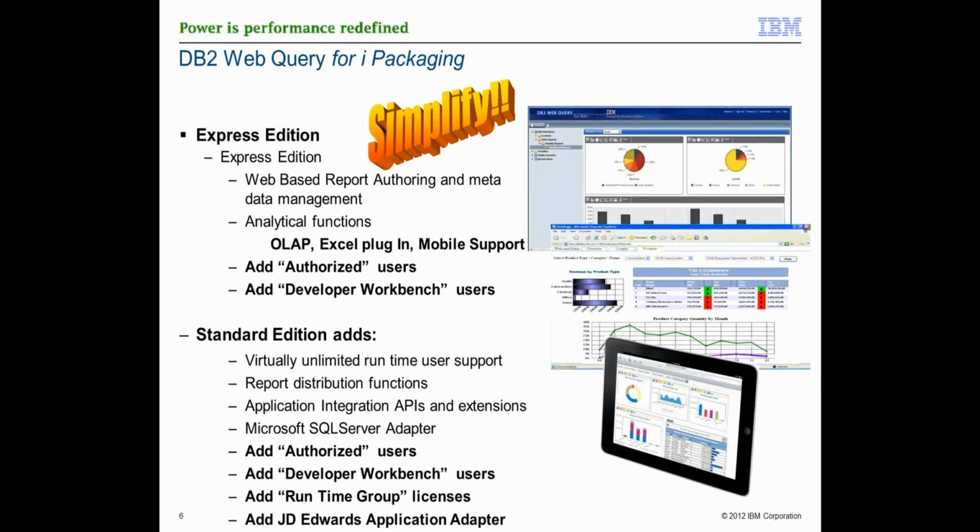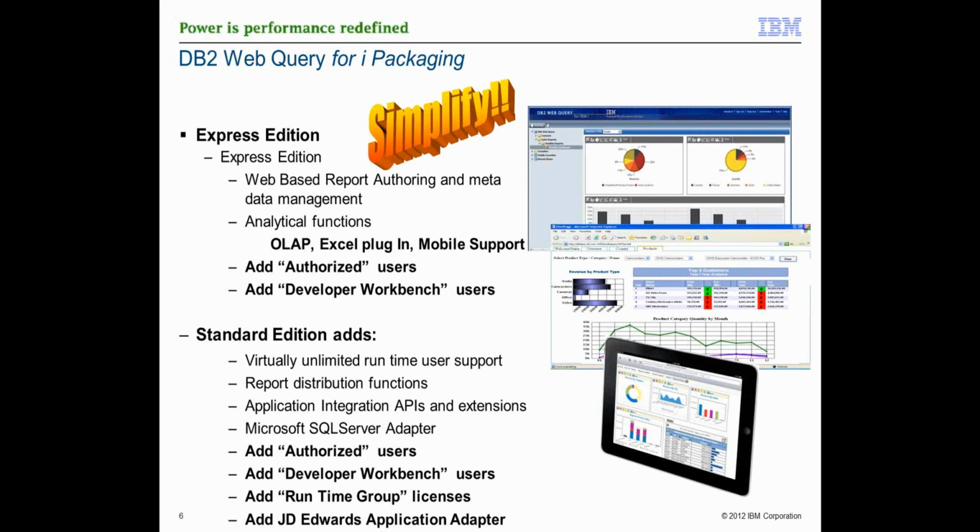What we wanted to do was greatly simplify many of the components of DB2 Web Query, and we're starting at the top here. We've heard a lot of feedback from customers and partners that the ordering and packaging of DB2 Web Query was rather complex in the previous versions. So what we decided to do was greatly simplify that by providing only 2 editions of DB2 Web Query.